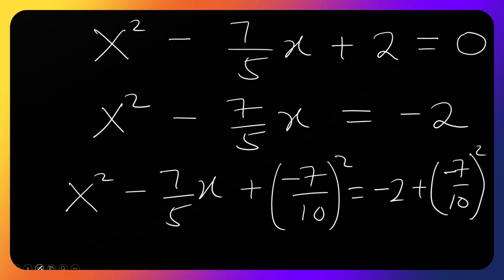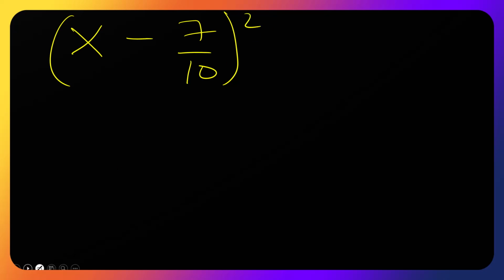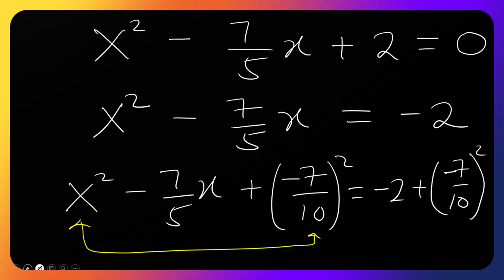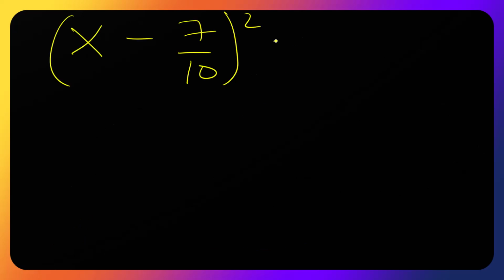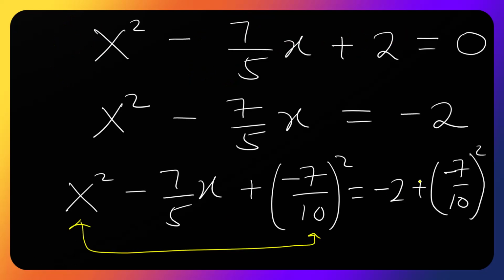Okay, so from here, x and -7/10 all squared will be the left hand side. So (x - 7/10)² equals -2 plus, this one squared will be 49/100.